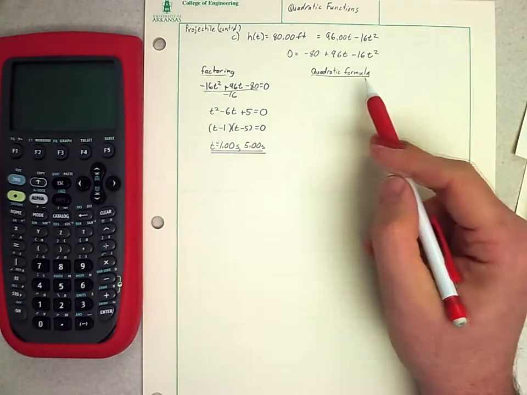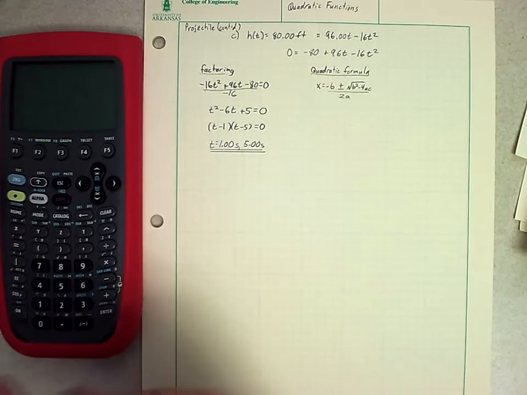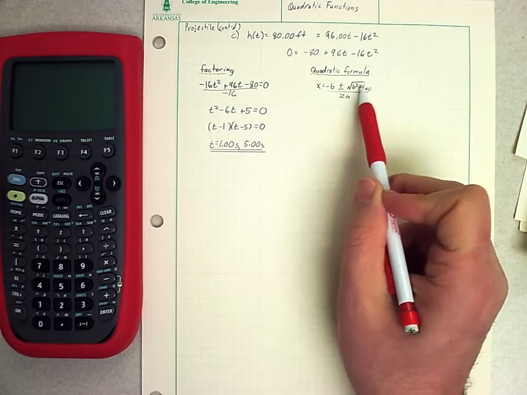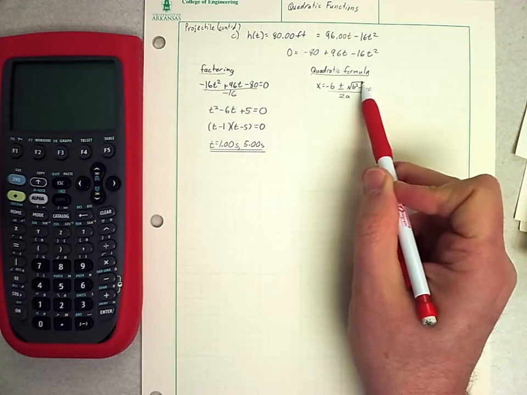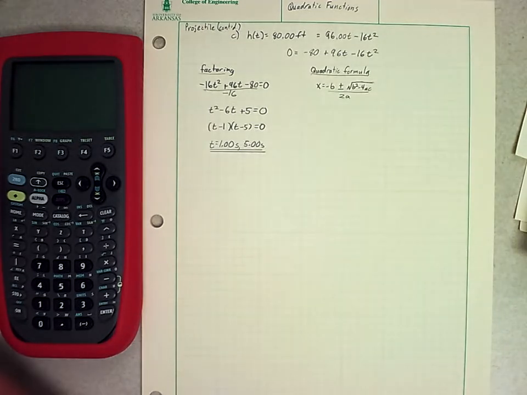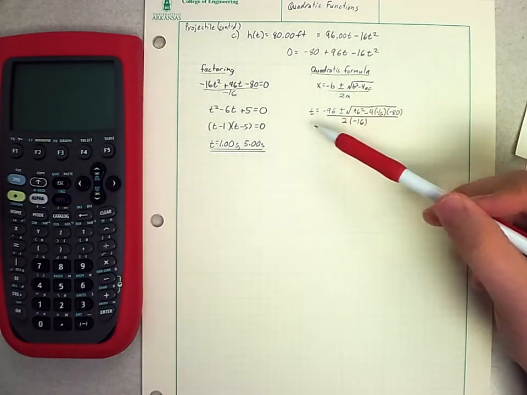Another method I could have used to solve this is the quadratic formula. In case we don't remember, that tells us that x equals negative b plus or minus the square root of b squared minus 4ac, and that entire quantity all over 2a. So let's plug in what our values are. Using our equation here, again, we're using t instead of x.